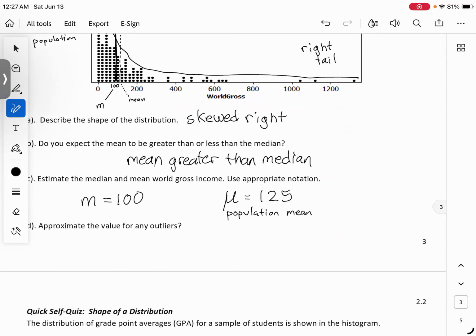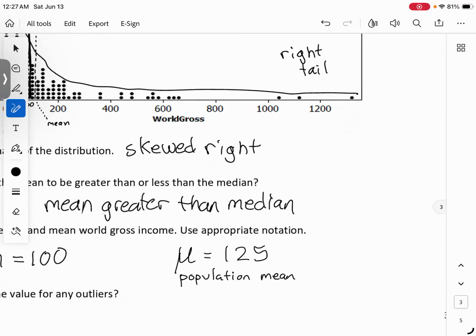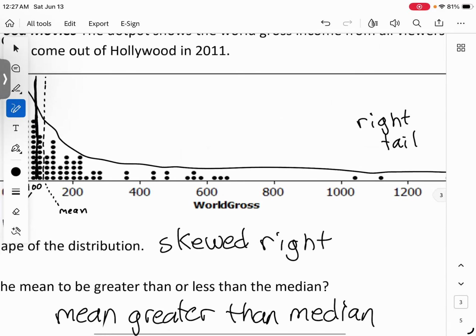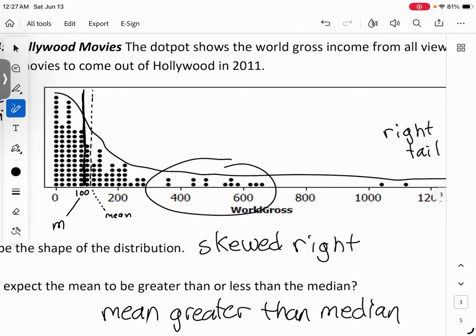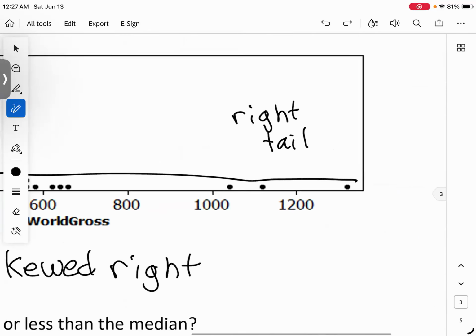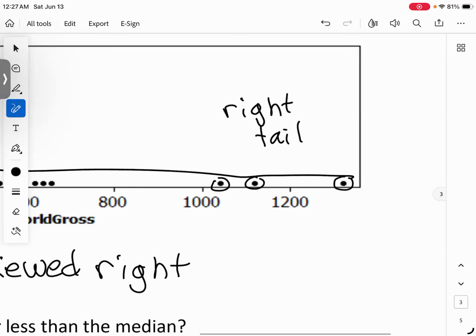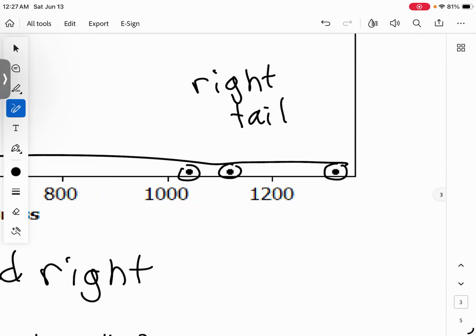Now we'll do another one of these, but for now, just do a quick estimate. Again, these are large values, but these three are unusually large values. These are three movies that made a lot of money whenever they came out, like Pirates of the Caribbean, Transformers, and Harry Potter.